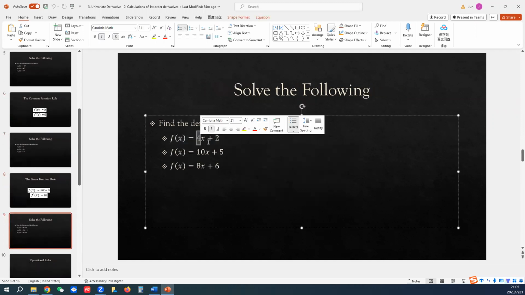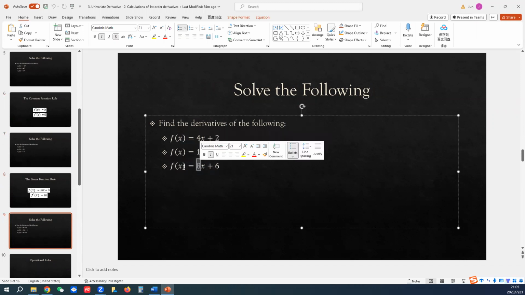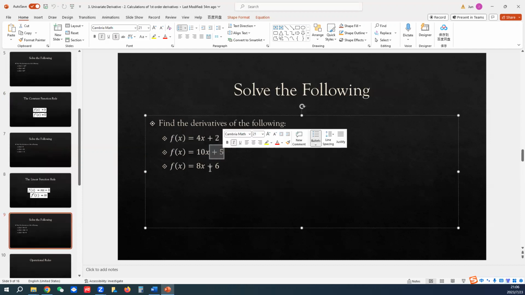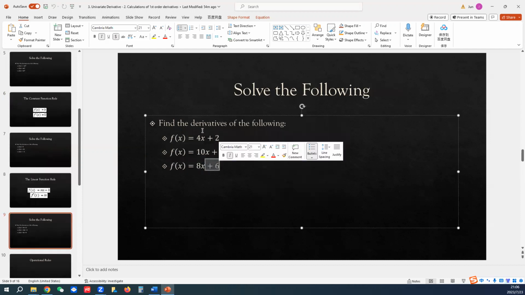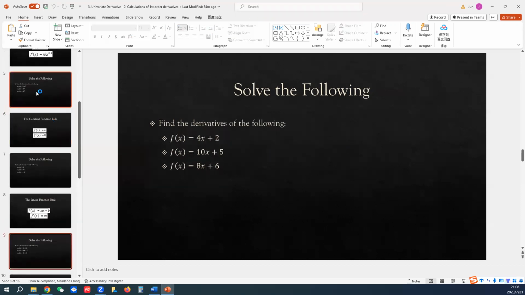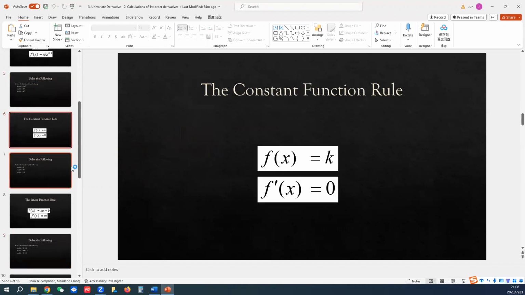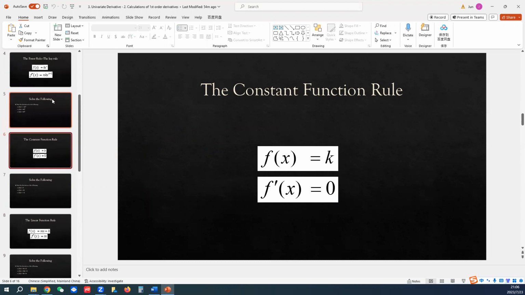As we know, the derivative is just the slope term, right? It is 4 for the first one, 10 for the second one, and 8 for the third one. Why does the constant added to that not change the derivative at all? Because, as we previously discussed, the constant doesn't affect your change rate at all, right?